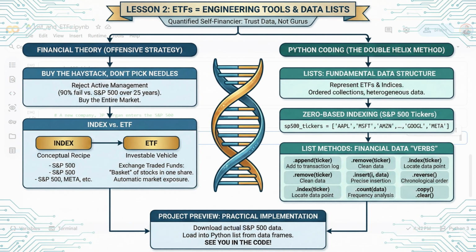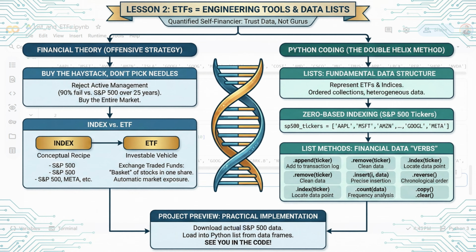We explained that an index is a conceptual recipe representing a market segment, but you cannot buy an index directly. ETFs, exchange-traded funds, are the practical vehicles that embody these indices. They allow investors to buy a basket of stocks in one single share. This simplifies investing, avoids the pitfalls of active management, and provides automatic exposure to market winners based on algorithmic selection.